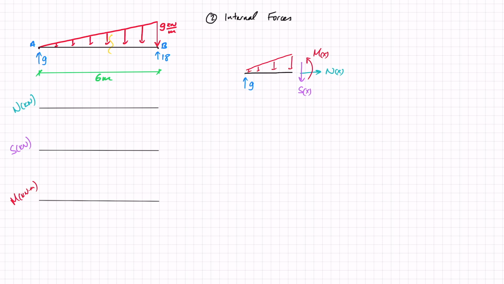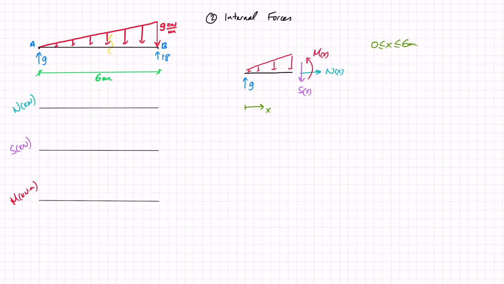X will start from here, and X will go between 0 and 6 meters, right? Because this load, although it varies, it is still the same load across the whole beam.